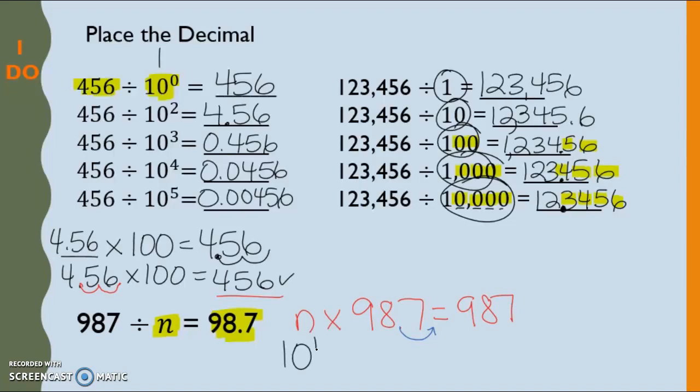So let's rewrite this as 987 divided by 10 to the first power equals 98.7. And our quotient is here, 98 and 7/10.